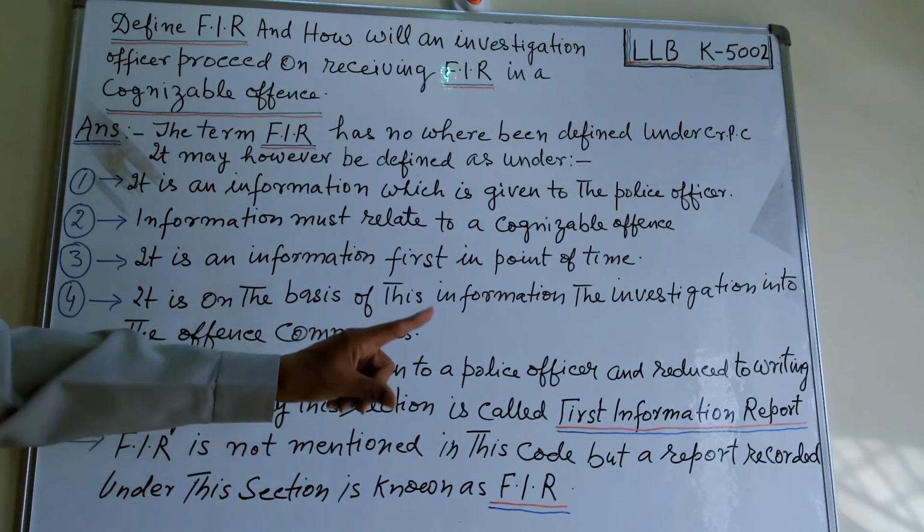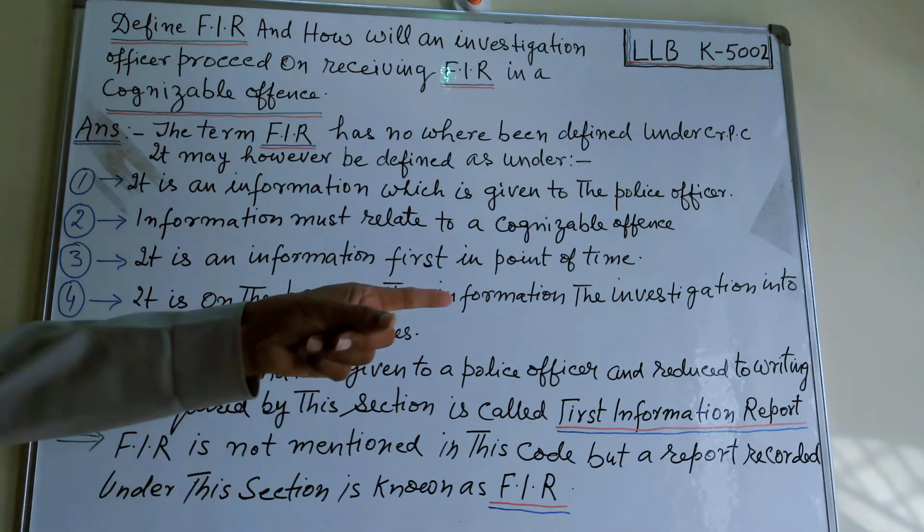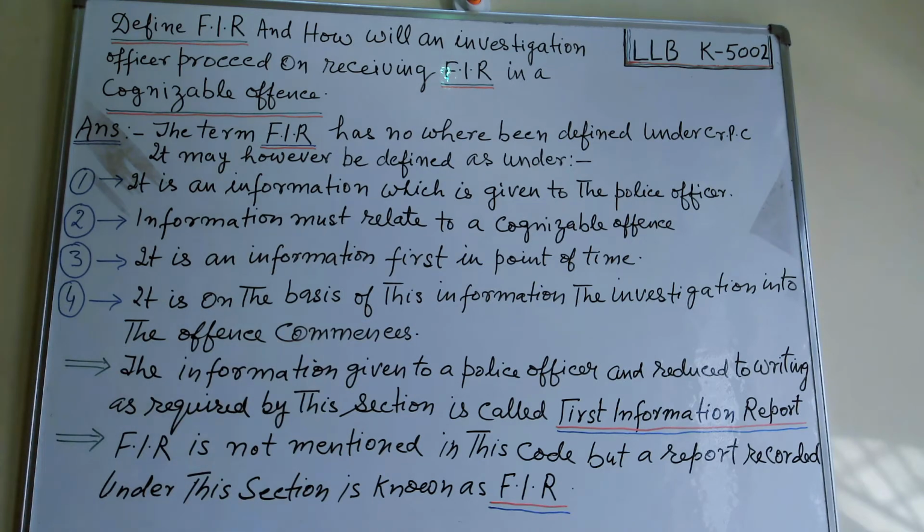Second, FIR is not mentioned in this code, but a report recorded under this section is known as FIR. This is also a definition of FIR. So, my dear friends, I think the definition or concept of FIR is clear.